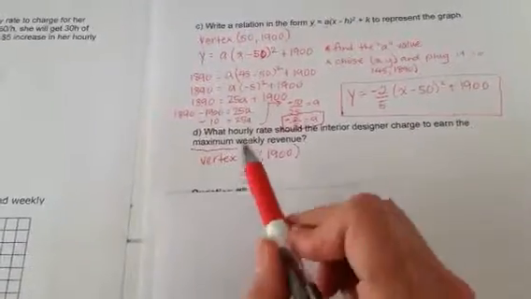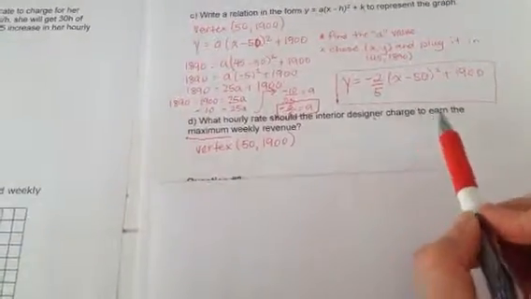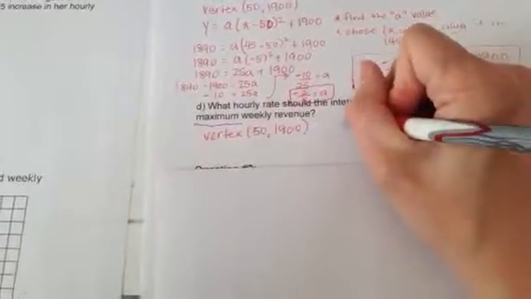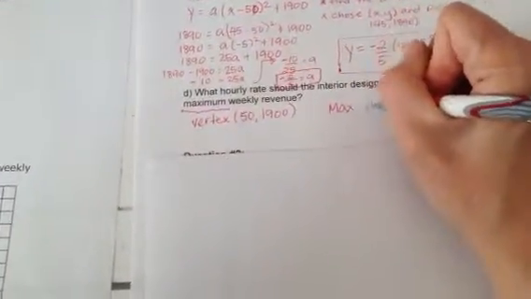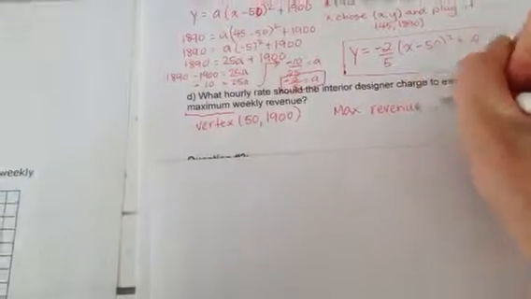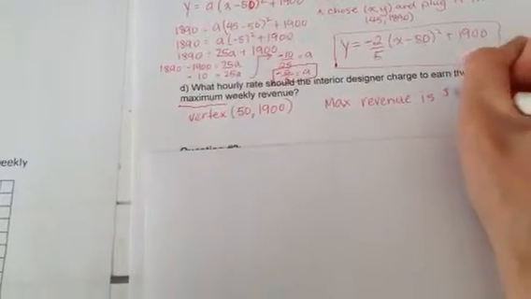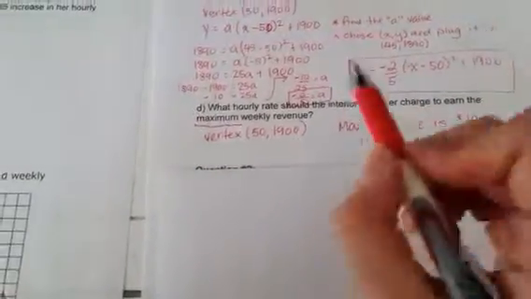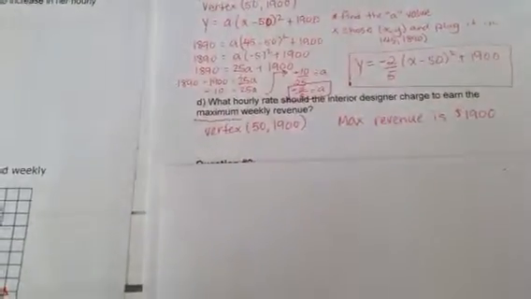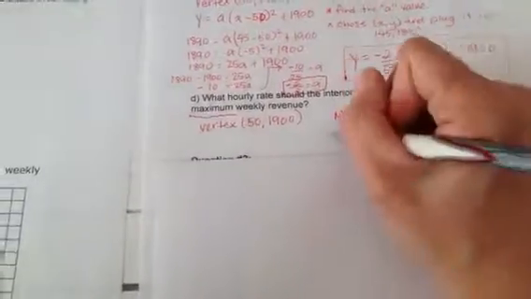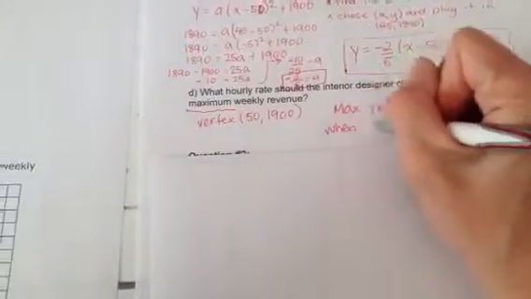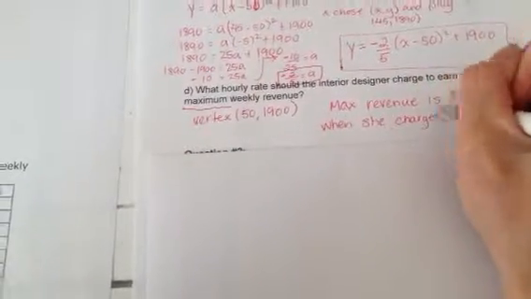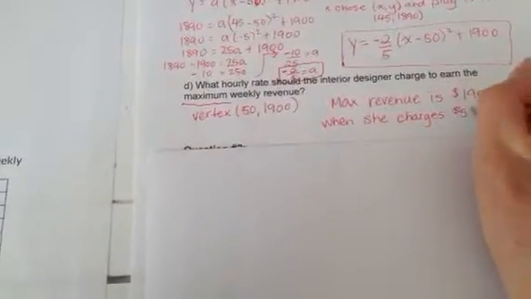So our max revenue is $1,900, and this happens when she charges $50. So max revenue is $1,900 when she charges $50 an hour.